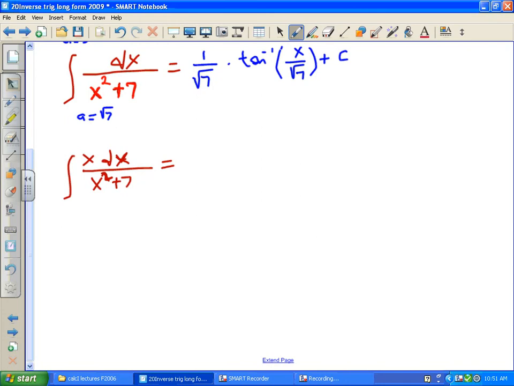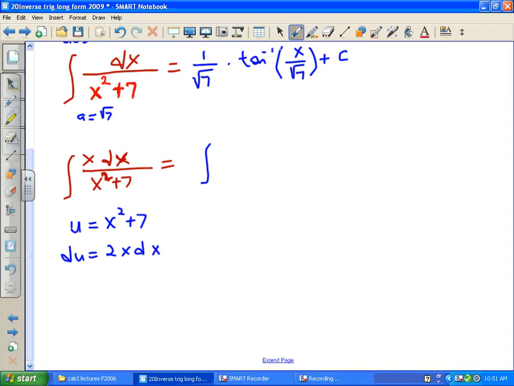What should we use for this one? U substitution. There's an x on the top, so let u be equal to x squared plus 7. Then du is 2x dx. So we come up here. What should I have for x dx?